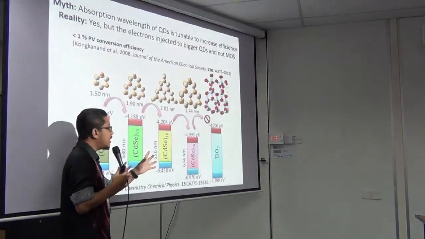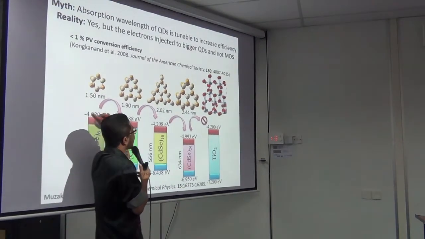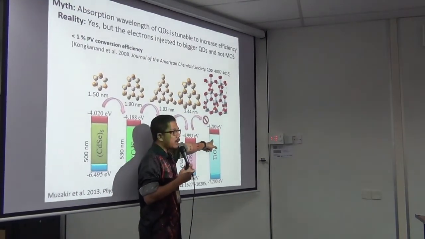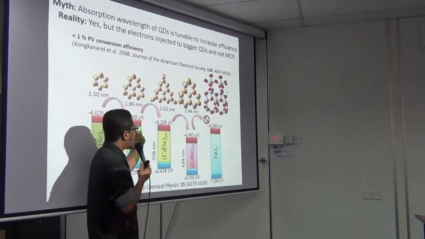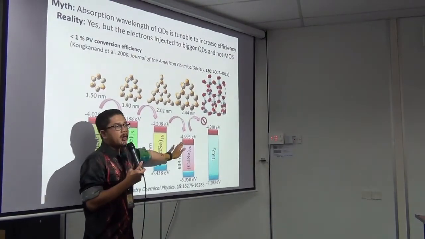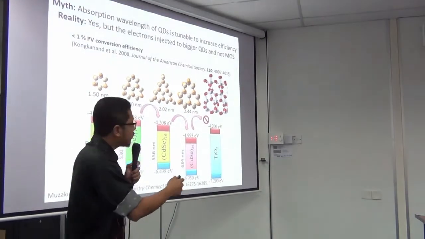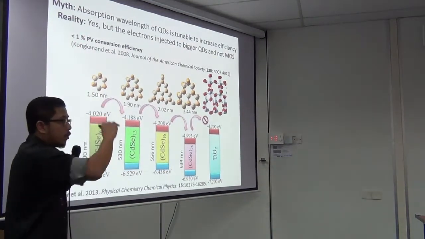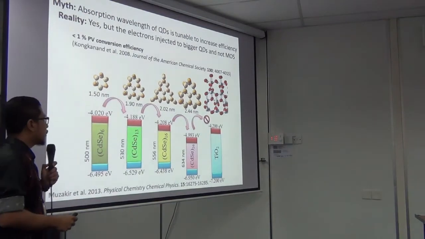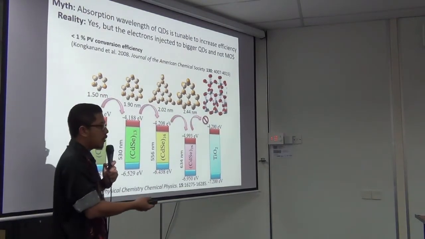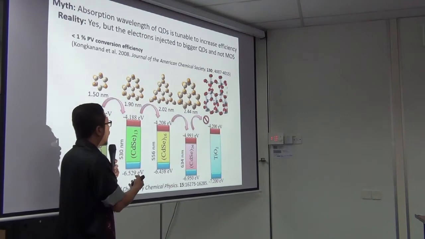We want fast electron injection, meaning from the quantum dot directly to the TiO2. This is slowed electron injection, not good. ISC will be lowered, and when ISC is lowered, of course your efficiency will be lowered as well. So this is the drawback of his device.